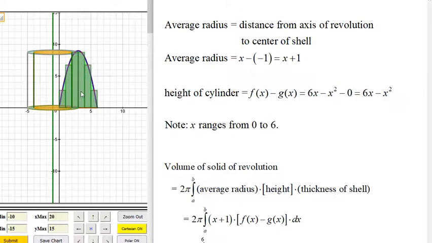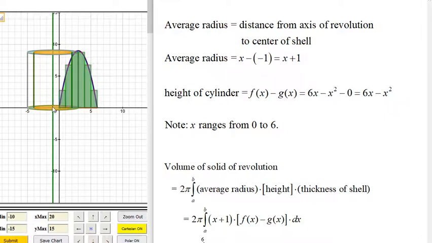And for this particular example, for this rectangle right here, the distance from the y-axis to the center of the shell is x, and then the distance from here to here is 1.